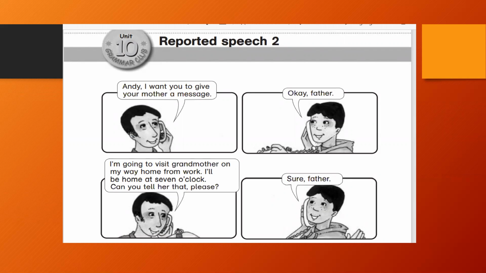I'll be home at 7 o'clock. Can you tell her, please? Sure, father, Andy replies. Now, father called. He said he was going to visit grandmother on his way home from work. He told me he would be home at 7 o'clock. Now, this is a reported speech given by Andy to her mother. Now, mother says, thanks, Andy.